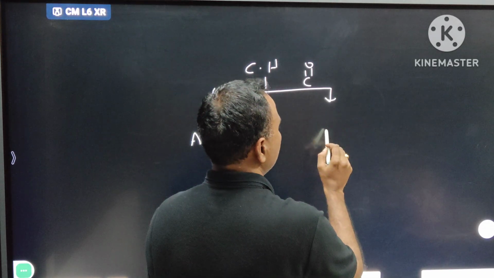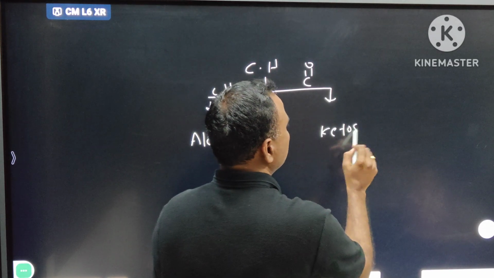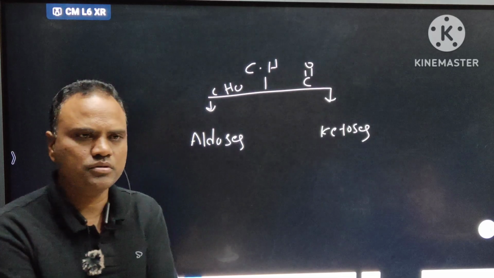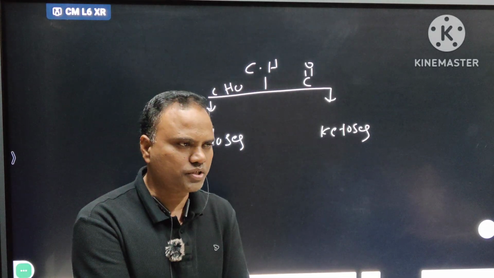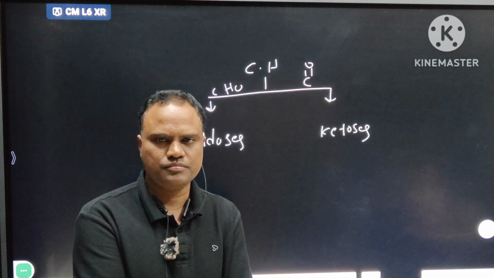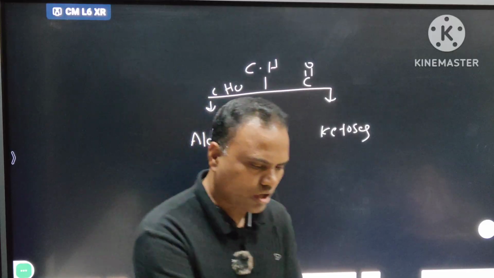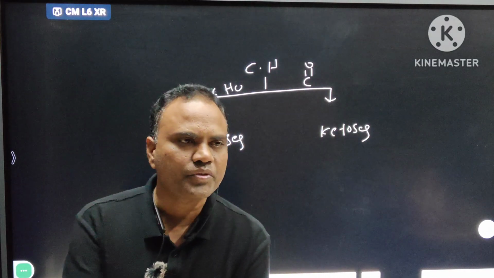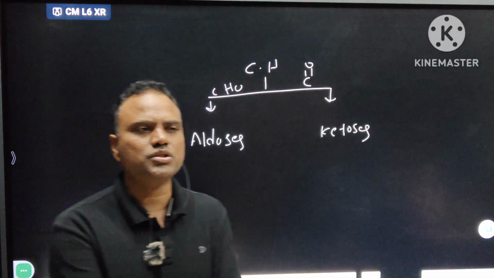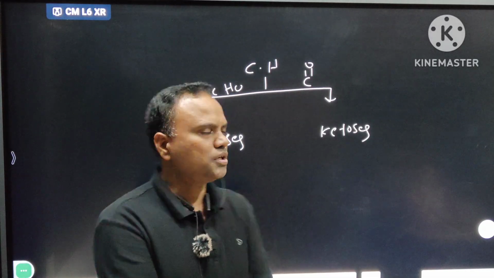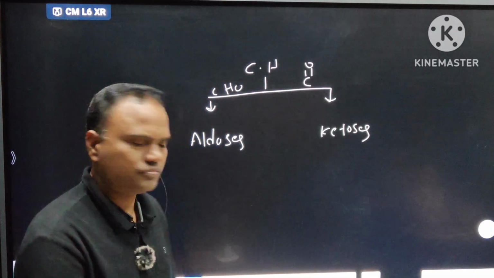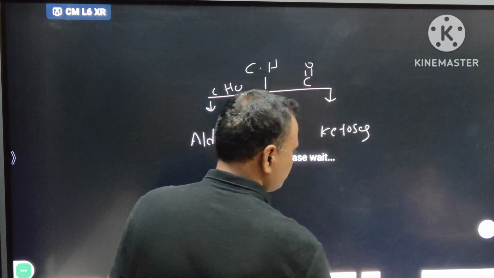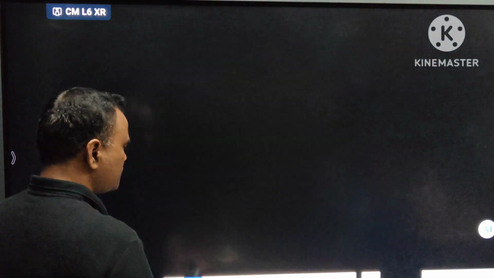Carbohydrates with the ketone functional group are called ketoses. Aldose means carbohydrate with the aldehyde functional group. Ketose means carbohydrate with the ketone functional group. Clear? Let us see aldoses. See, this classification is important.